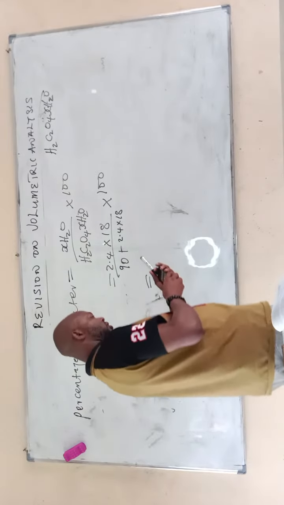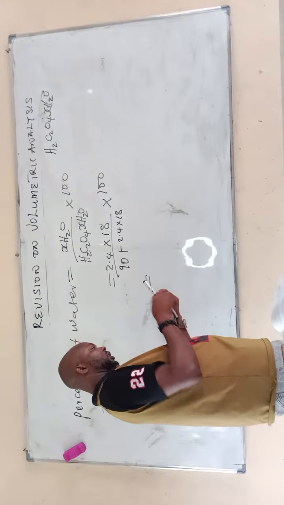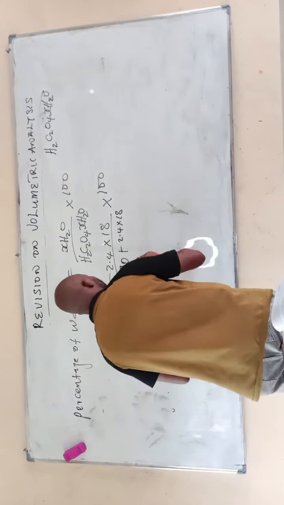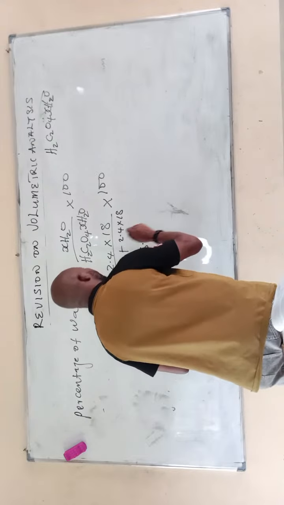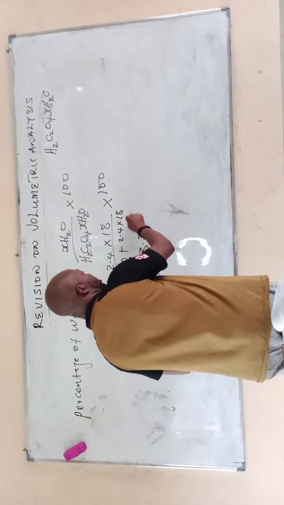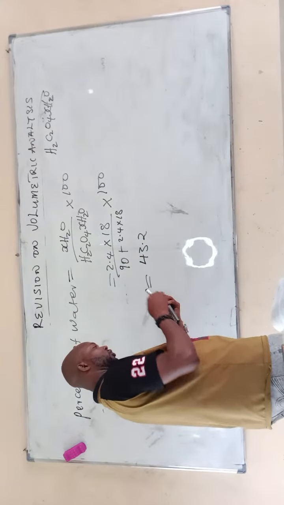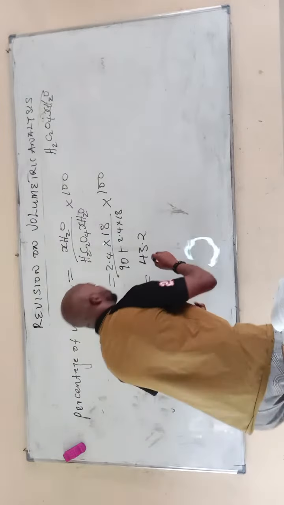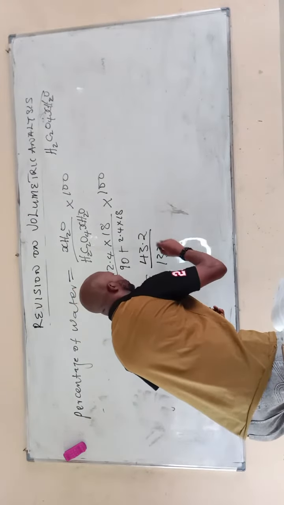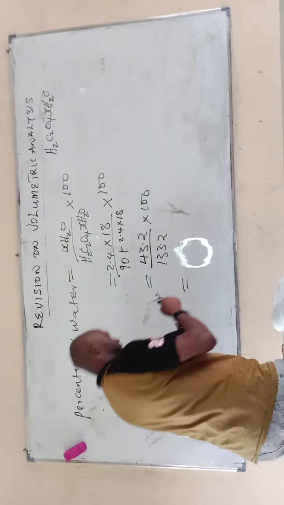So this is 2.4 times 18 is 43.2. So this is 43.2, therefore this is 43.2 plus 90 is equal to 133.2, times 100.